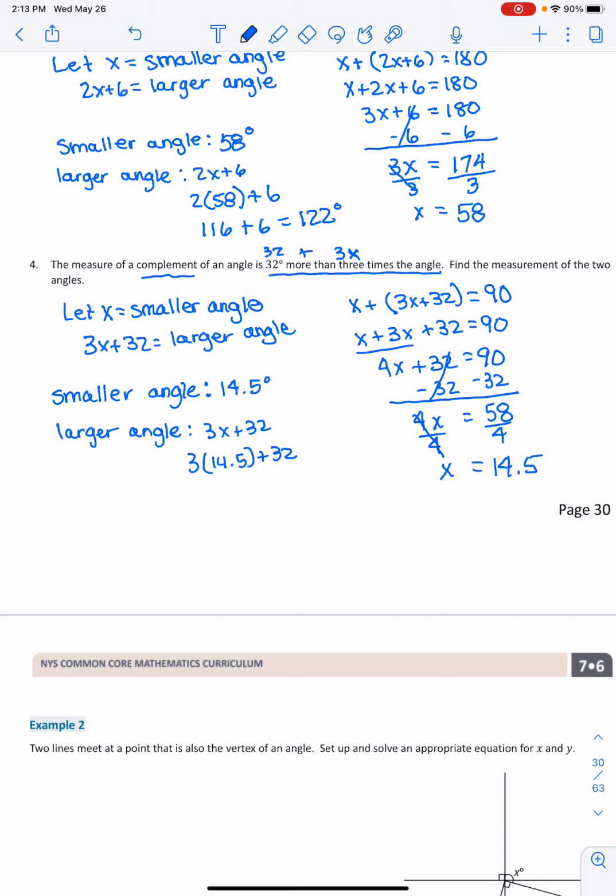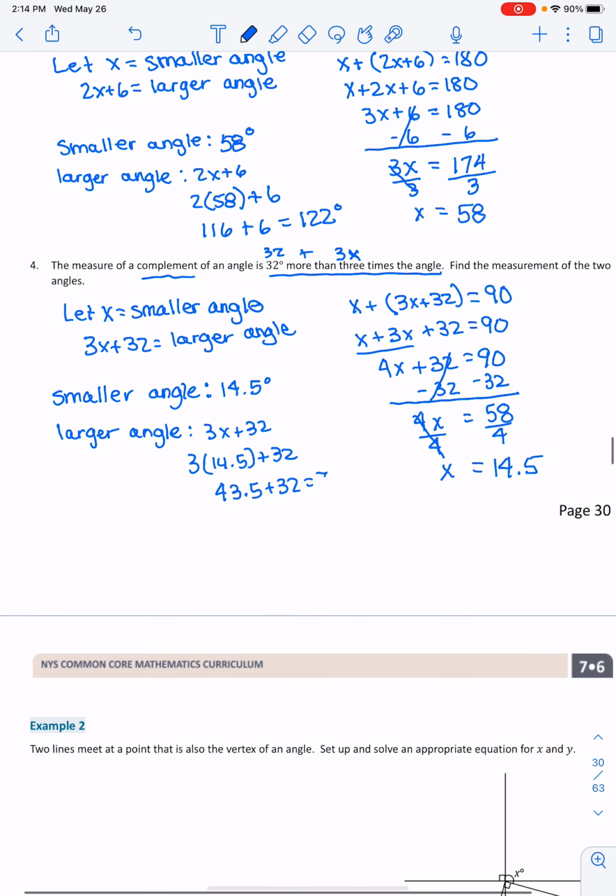Well, 14.5 times 3 is 43.5 plus 32, which equals 75.5 degrees. And if you add that, it does equal 90. And that's our answer.